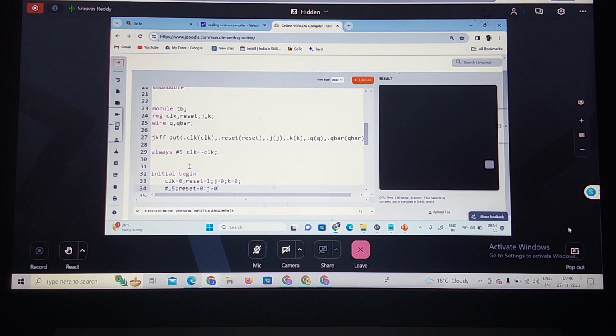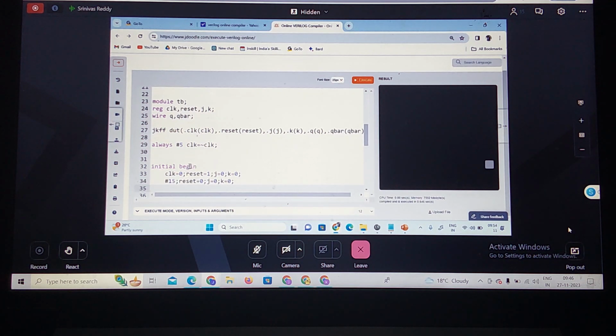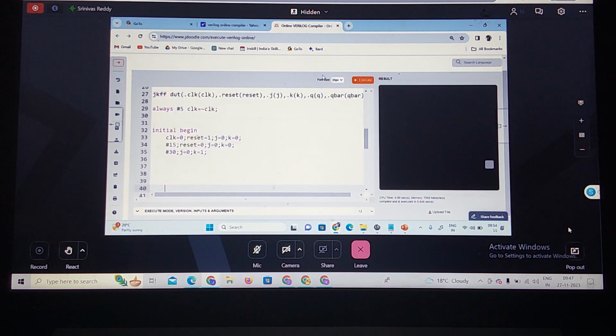Then make J is equal to 0, then K is equal to 1. Let us remove this line now. Now my reset is 0. So J0, K1. Next.